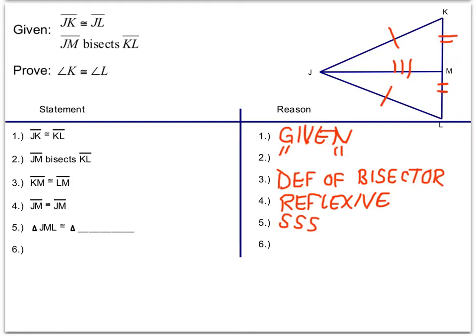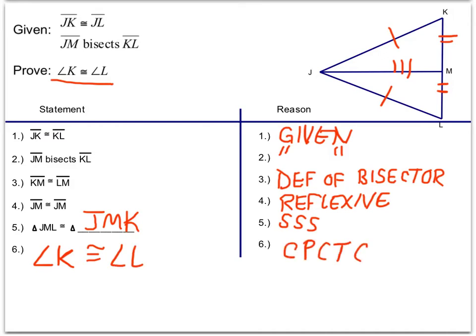So JML needs to line up with JMK. Lastly, we're trying to prove that these two angles are congruent. So if we have congruent triangles, to say that these two angles are congruent, we have to use CPCTC. Congruent parts of congruent triangles are congruent. And that's it.